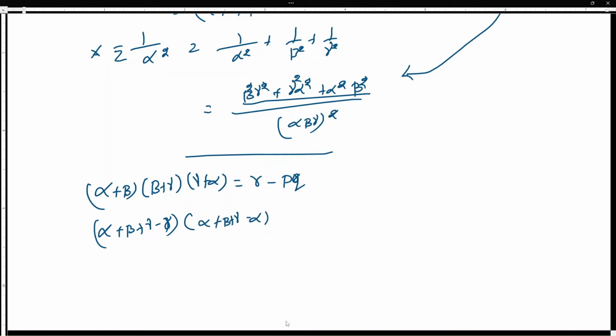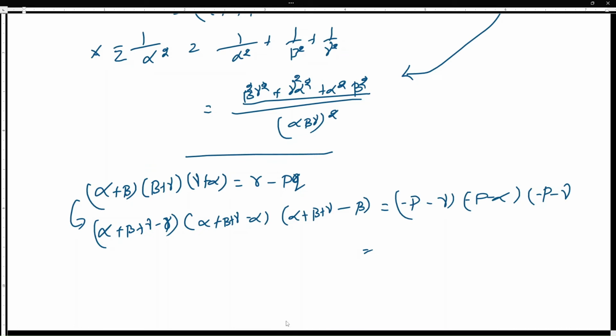Here beta is missing, alpha plus beta plus gamma minus beta will be equal to p minus gamma, p minus alpha, p minus beta. Every p is negative, and then you multiply this thing and rearrange, you will be getting the required result.